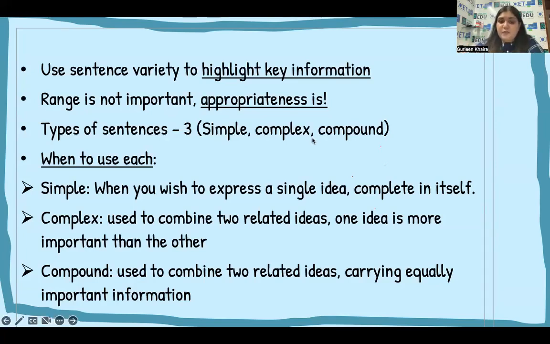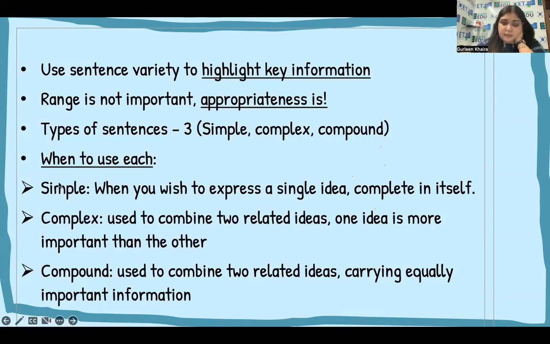So there are 3 types of sentences that we use: simple, complex, and compound. Let's understand where each type of sentence is to be used. And that is more important rather than mindlessly just using different variety because you want to demonstrate a range. I don't think you should do that. I think you should think about where it is appropriate to use a particular sentence type and then use it.